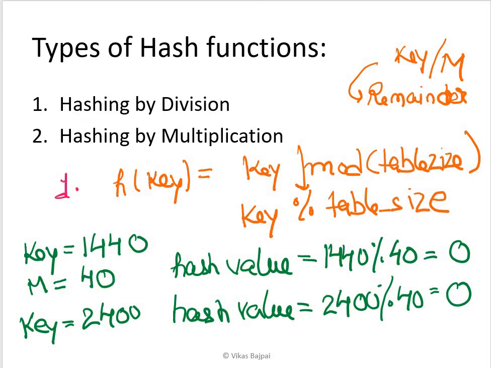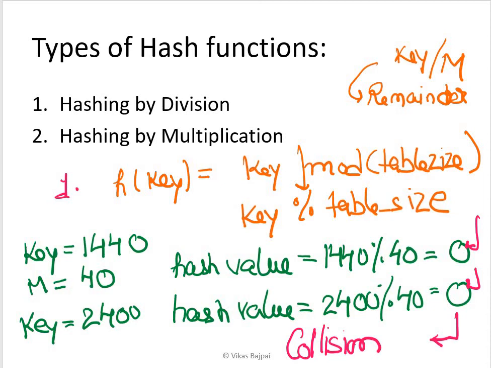In this case, we have identified a problem where my hash value is repeating, and it can be seen that this particular hash function can generate the same hash. So in this particular case, it is termed as collision.